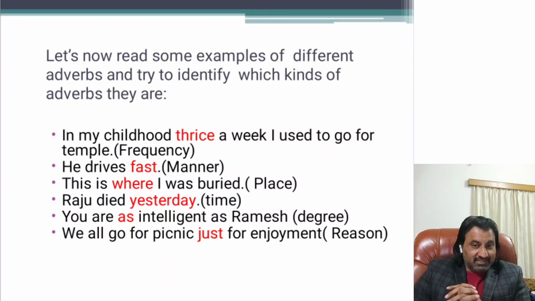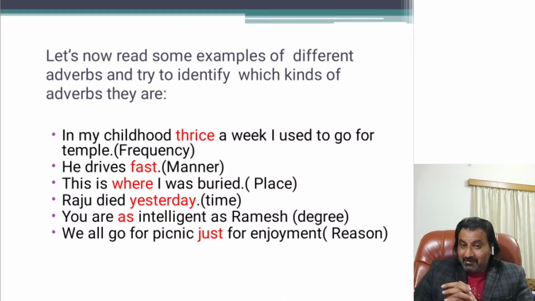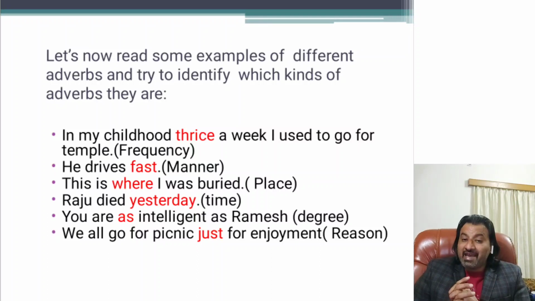Raju died yesterday. When did he die? Yesterday. So it tells us about the time of his death. You are as intelligent as Ramesh. Remember, here the first as has been used as an adverb.